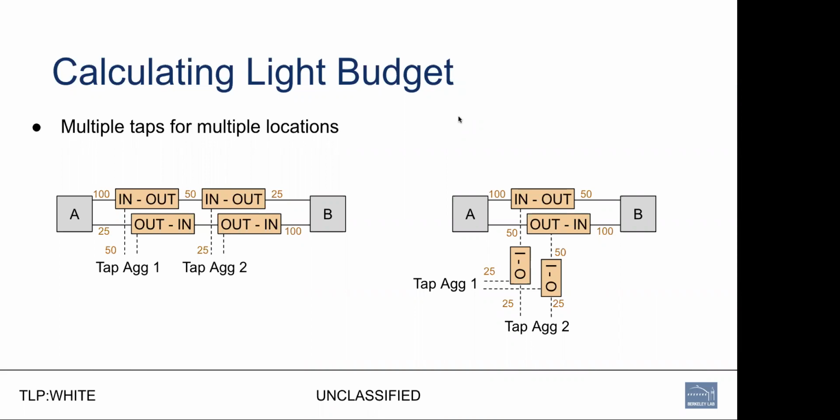But the risk there is that they may cut down on your light so much that your production link doesn't actually come up. So one option, instead of just doing 2 taps in line here, is you could install just 1 tap in line and then split the output to your tap aggregation. And in fact, you could do an active optical tap here, but still use a passive optical tap here, so that if your power is lost in this location, it doesn't take down your production link.